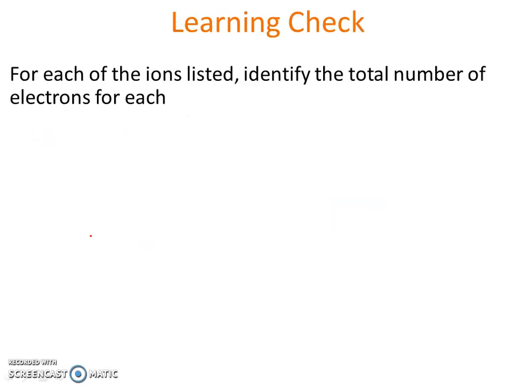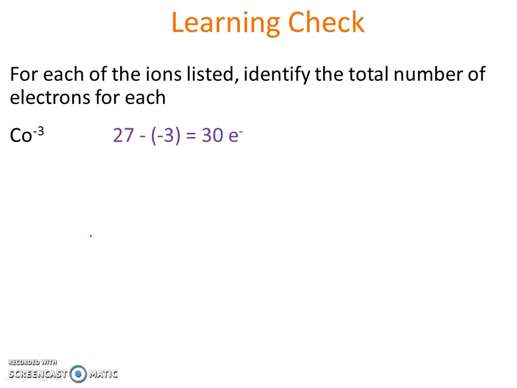Another learning check for each of the ions listed. Identify the total number of electrons for each. Pause the video. Find each on the periodic table to find the number of protons, and then you can calculate the number of electrons. Cobalt, 3 negative.